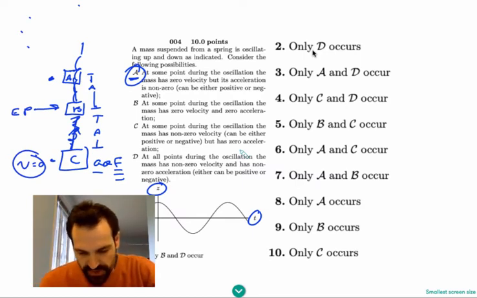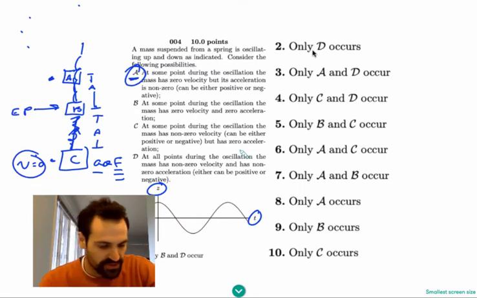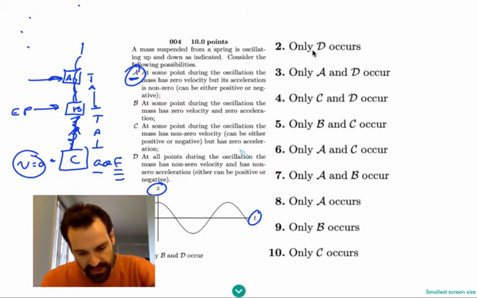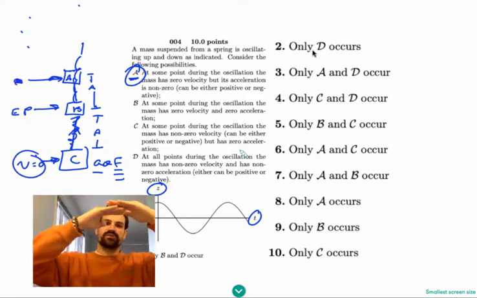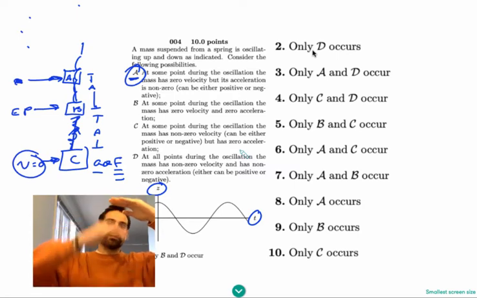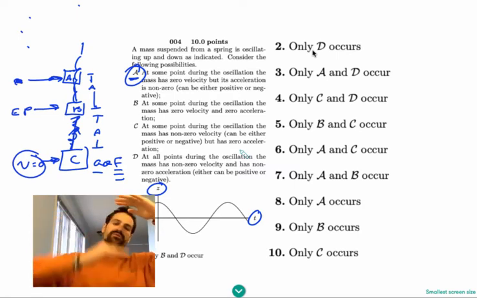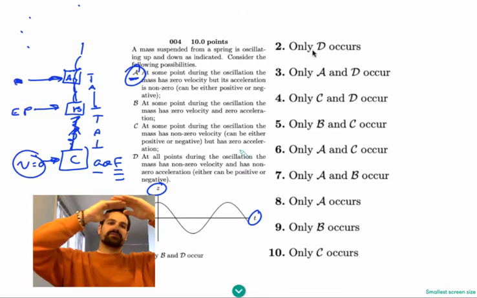At some point during the oscillation, the mass has 0 velocity and 0 acceleration. Well, the only two places where it has 0 velocity are positions A and C. And at position A, with a vertical oscillation, it's not necessarily being pulled down by the spring, but that's where it's coming to a relaxed position.